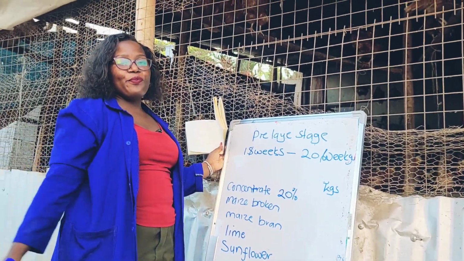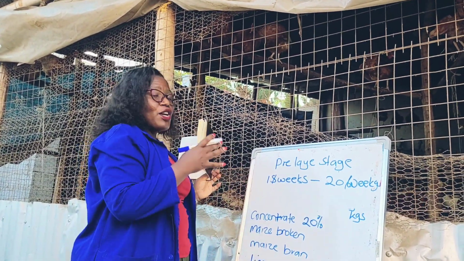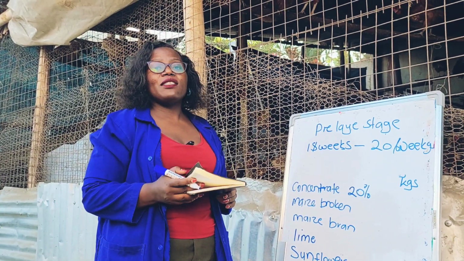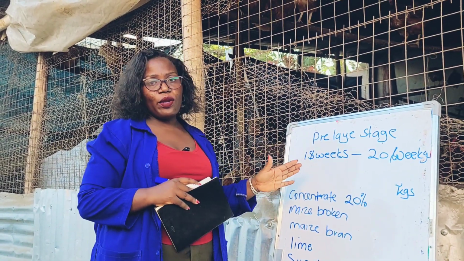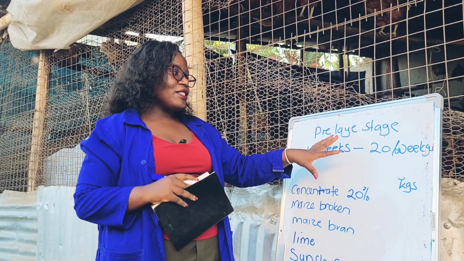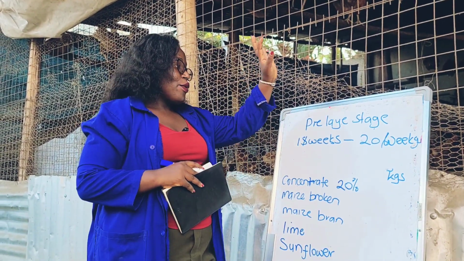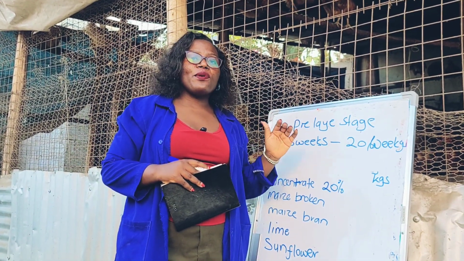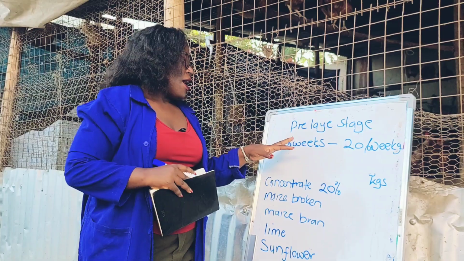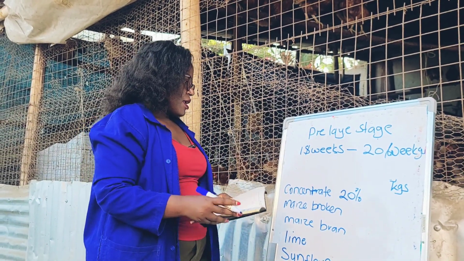So here we are preparing our chicken to start laying. And normally, if you have done the right thing, your chicken are supposed to start laying from 18 weeks. So at this stage, we believe that the chicken will start giving you eggs, will start dropping their first eggs. So it is from 18 weeks up to 20 weeks.